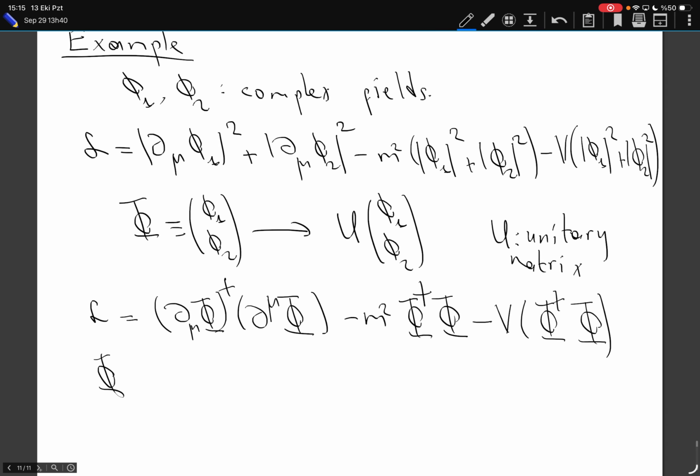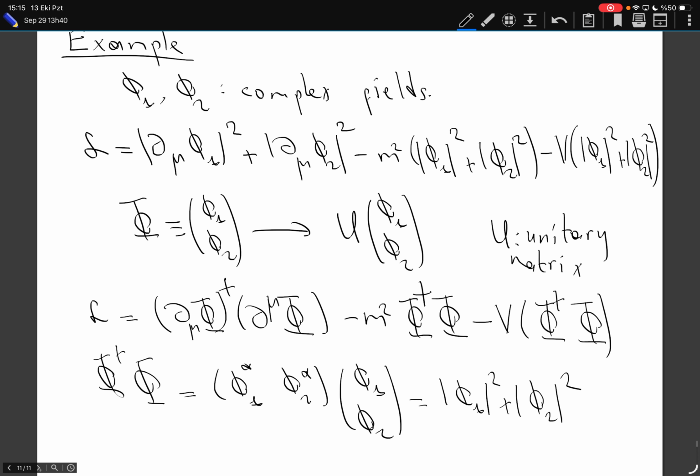Since phi dagger phi would be phi 1 star phi 2 star times phi 1 phi 2, also the same will hold for the derivative one.